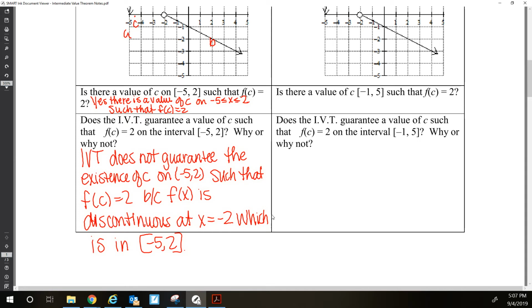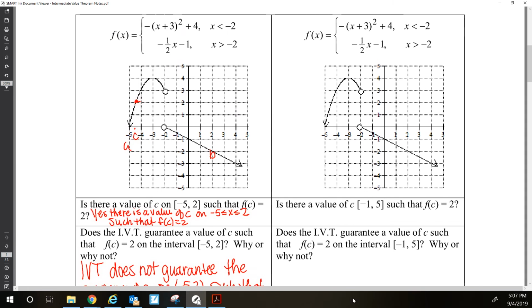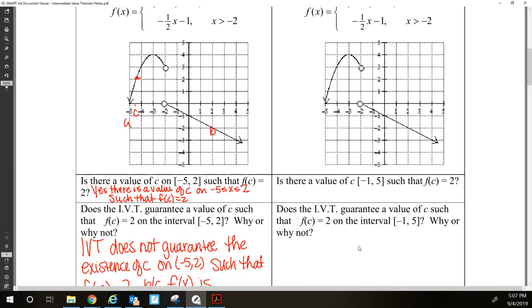All right, look at number 2B. Is there a value of C on the interval -1, 5? So here's my A, here's my B, such that f of C equals 2. Between here and here, do I have a y value up here at 2? No. Whoa. Love the smartboard.